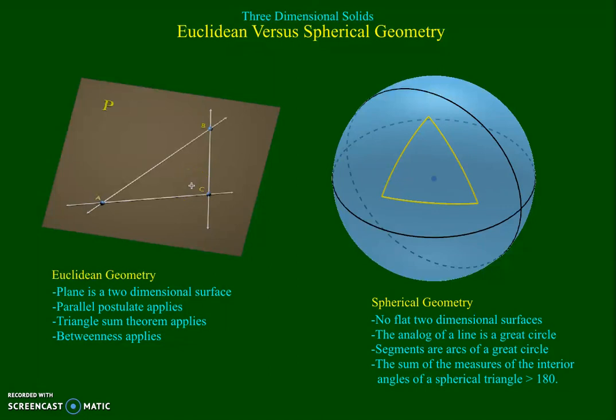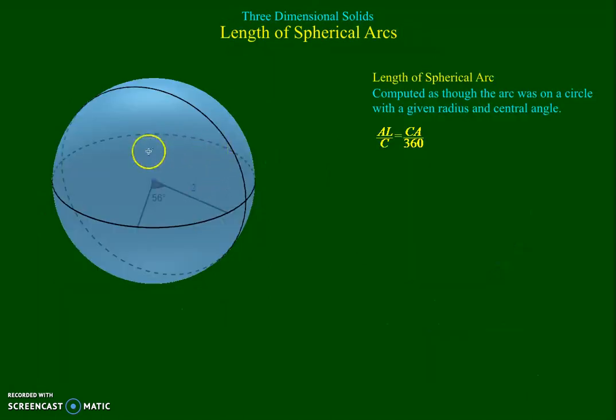And we're going to put those into practice with a couple of ideas. The first idea we're going to talk about is this idea of spherical arcs. So here we have a little bit more detailed sphere, and we're going to talk about this spherical arc. A spherical arc is simply an arc along a segment along a great circle of the sphere.